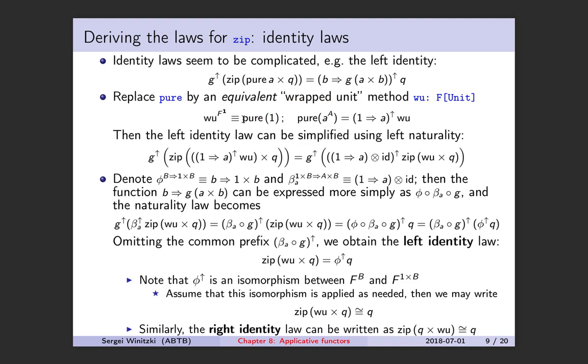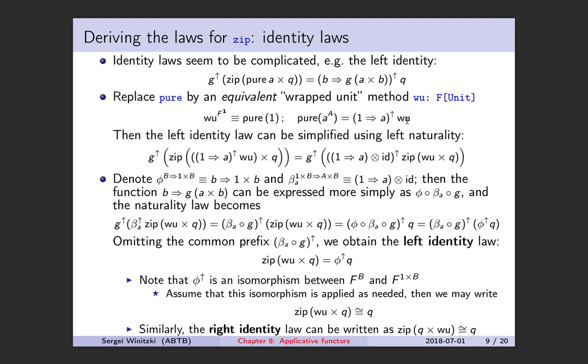So in order to restore the pure function, all we need to do is to map this 1 into a inside the container f. So that is what we need to do. So in order to express pure through wrapped unit.